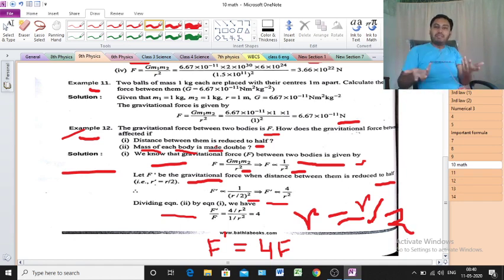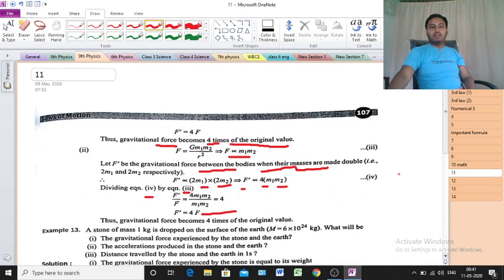Clear? Very simple thing. Now F proportional to 1 by r square. Again in the second case, F prime proportional to 4 by r square. Clear? Now take the ratio, then you will get F prime by F equal to 4, or F prime equal to 4F. Simple thing. Now the masses are double, that means initially m1 m2, finally 2m1 2m2.